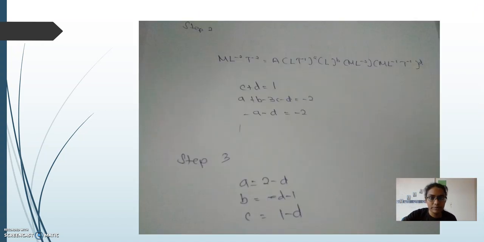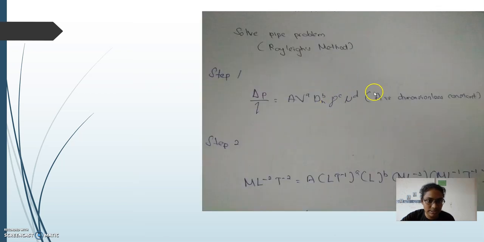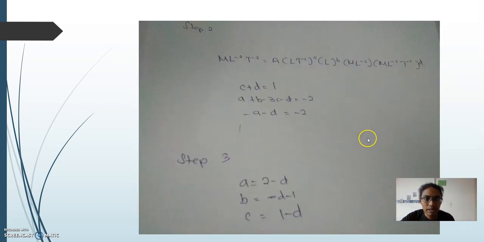Then in step 3, from this we can compare. For L, c plus d equals 1. For M, as we know previously, c plus d equals 1. For T, a plus b plus 3c minus d equals negative 2, and negative a minus d equals negative 2.